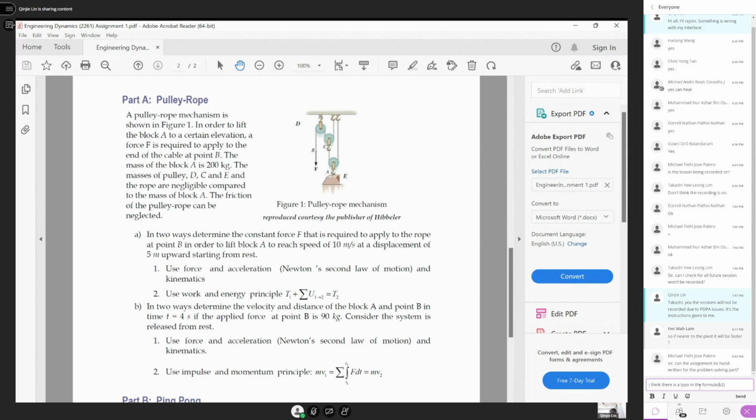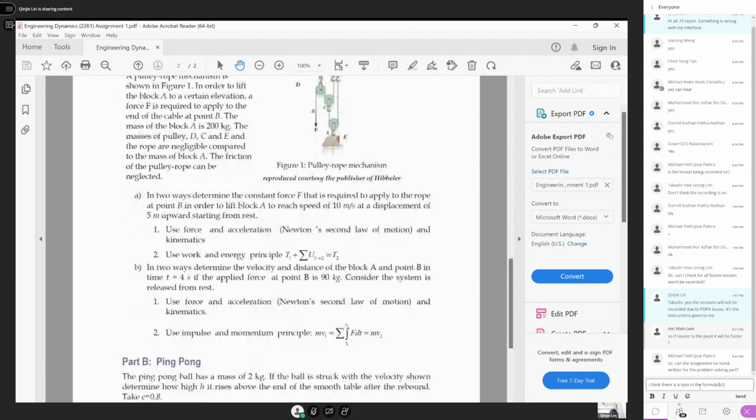Analytical methods should give the same answer. So if you get two different answers, it is very obvious at least one is wrong. It could be both wrong, but at least one is wrong. If you are solving for the same thing, you should get the same answer. Okay, so that's part A.